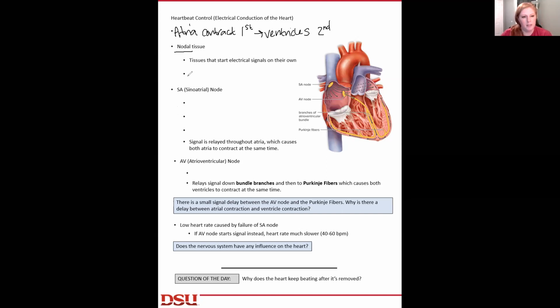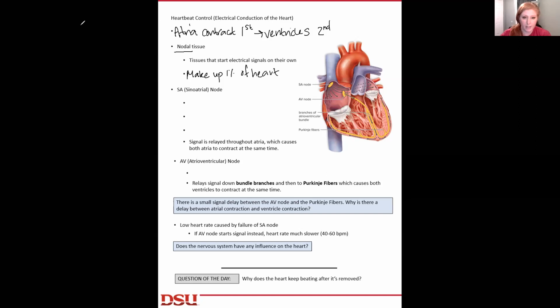However, they only make up a tiny percent, like 1% of the heart, because you just need a little bit, just enough to create that impulse. There's 2 nodes.